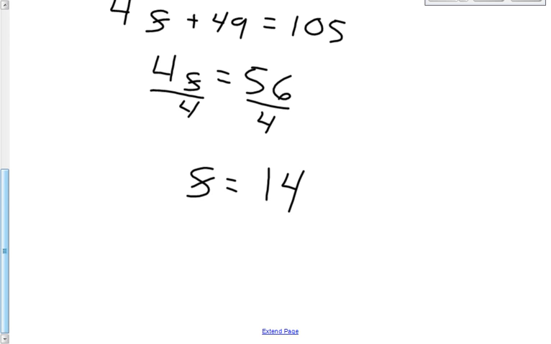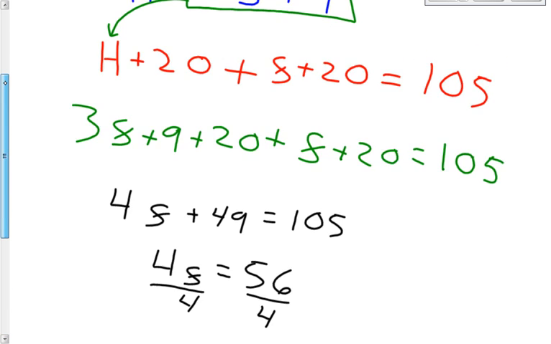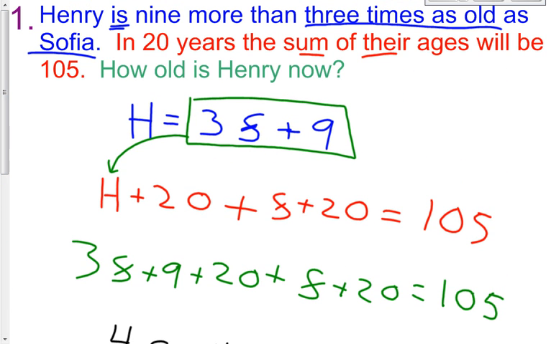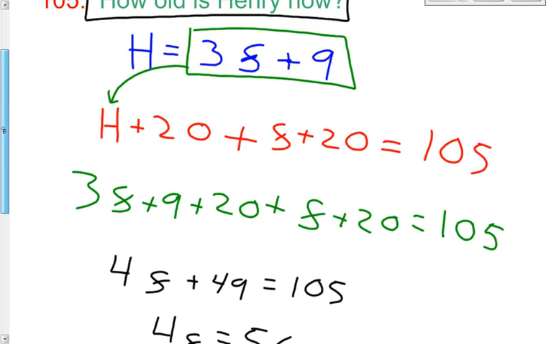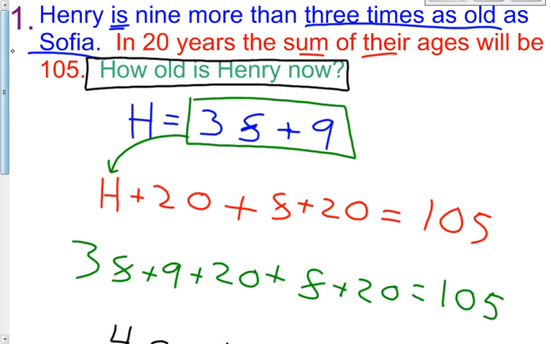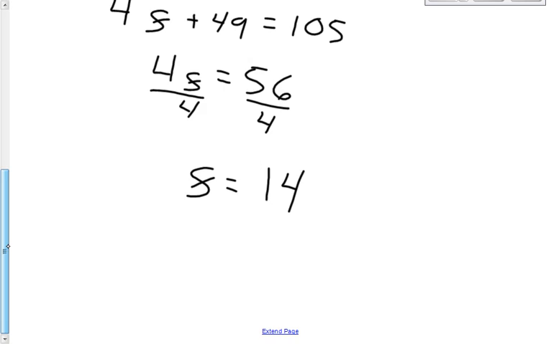So now let's go back up to the top. How old is Sophia? That's what we found. That's not our question, though. Our question is, how old is Henry? Henry is not 14. Henry is 9 more than 3 times Sophia, which is 14. So 3 times Sophia, who is 14, 9 more than that.